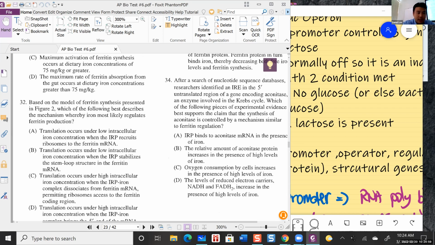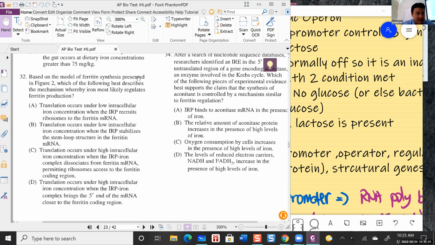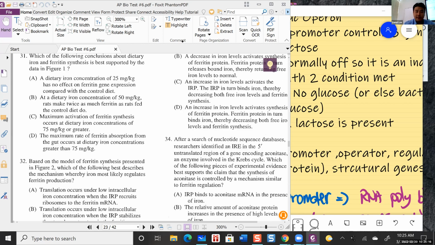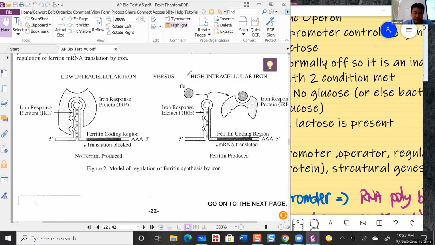32. Based on the model of ferritin synthesis in figure 2, which of the following best describes the mechanism whereby iron most likely regulates ferritin production? How does iron regulate ferritin? So here, iron removes the inhibition, right?